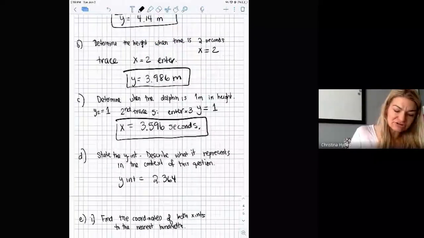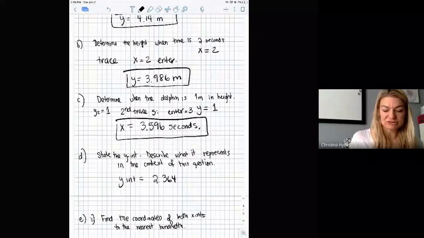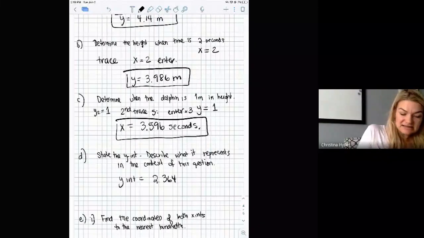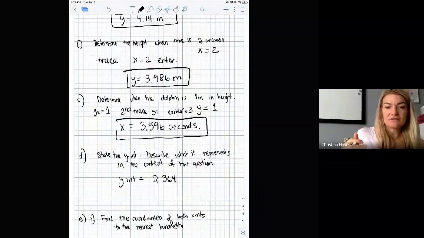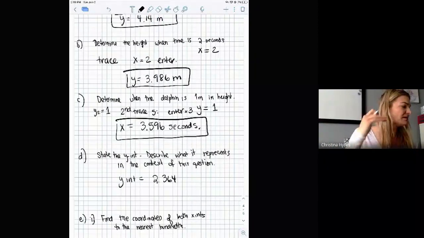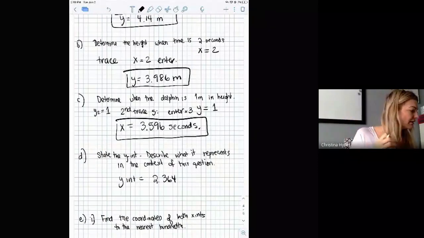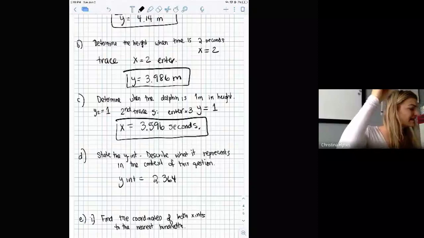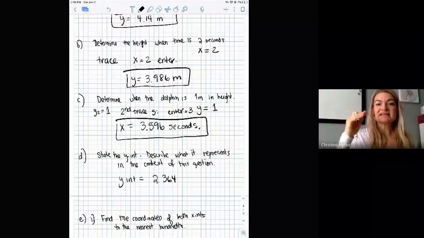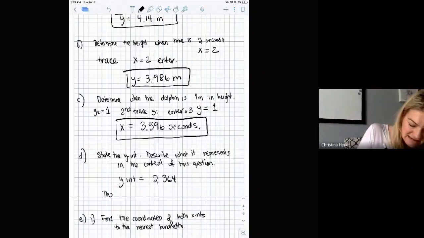So with your y-intercept, they actually want you to get a second mark by describing what this represents. This is the height of the dolphin when he started his jump. It could be that they started calculating his jump when he was already in the air, so he jumped out of water and then he dove back in.